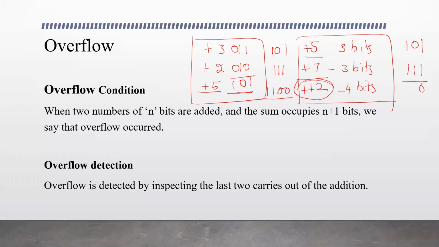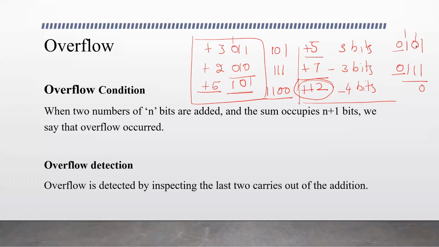1 plus 1 is 1, 0, and 1 plus 1 is 1, 0. Let's add this number. 1 plus 1 is 1, 0.